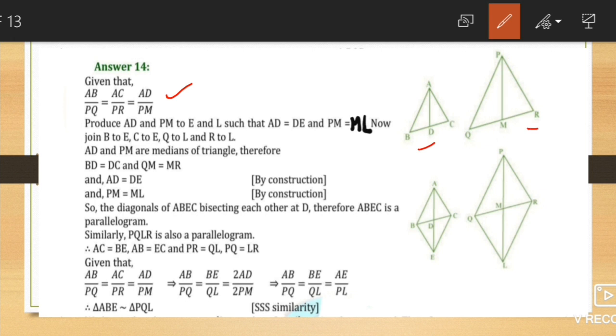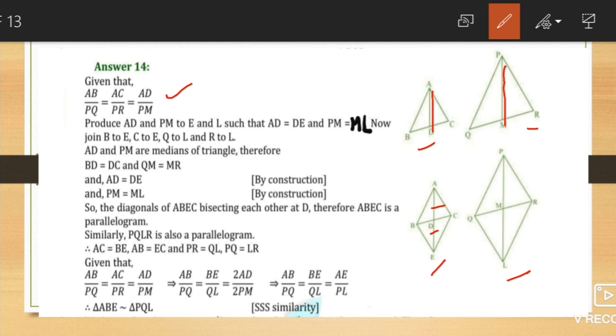Now here you have to do a construction. What you have to do? You have to produce AD and PM to the points E and L, such that AD is equal to DE.